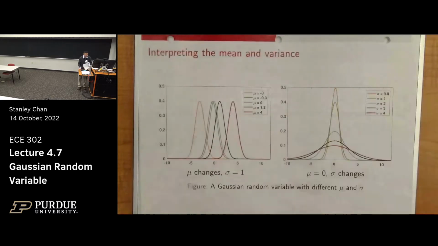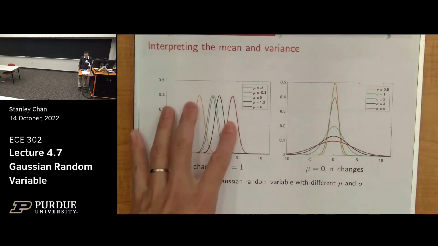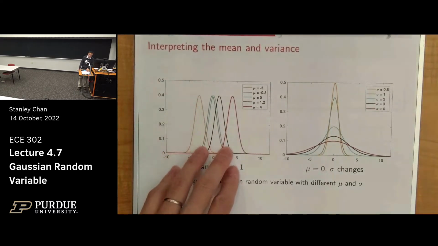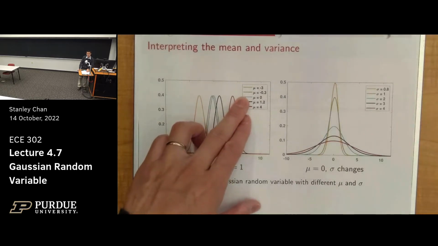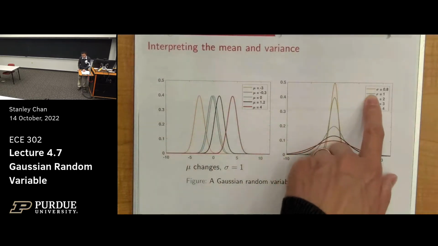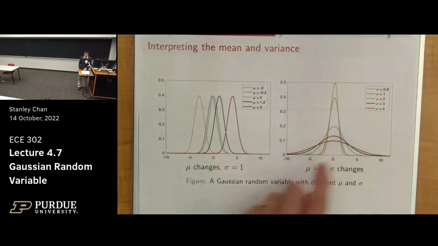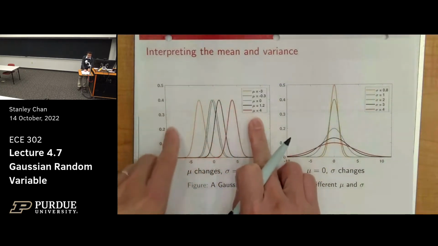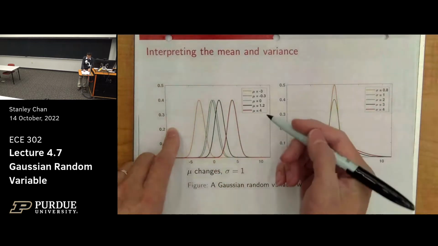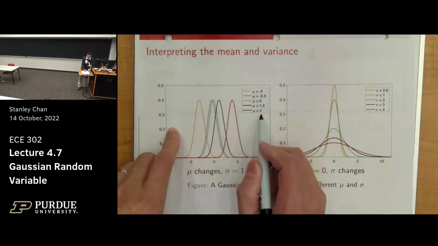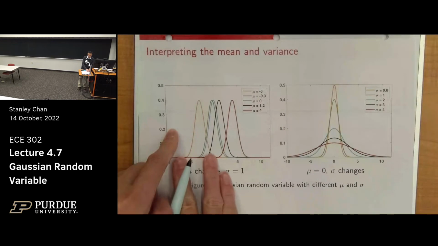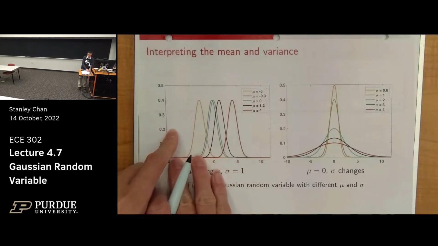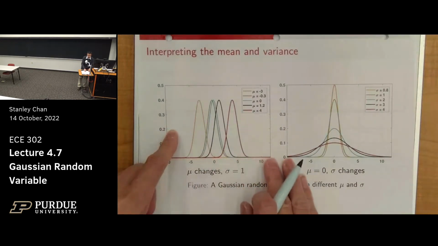So the shape of this Gaussian random variable, we can see it from two perspectives. One is how we are going to look at this Gaussian random variable as we change the parameter mu, and what happens if we change the parameter sigma. So if you change the mu, let's say we're looking at this example here, we are moving from minus 3 all the way to 4, then you can imagine that the center of the Gaussian is shifting from the left to the right.